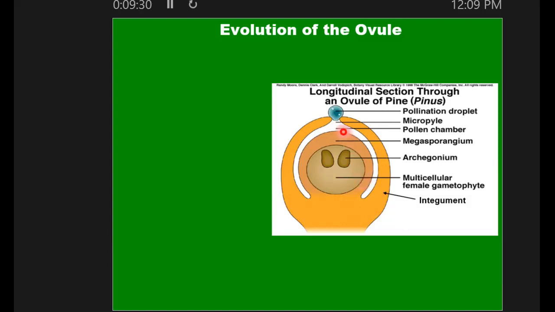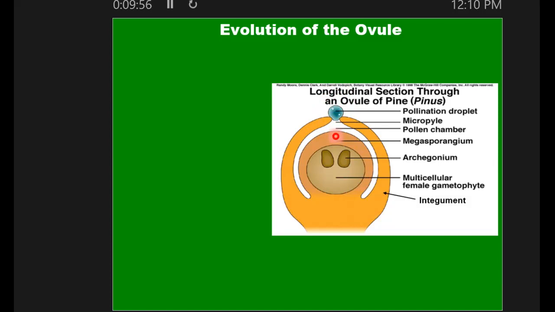And so it makes sense that the integument has a little bit of an opening to allow for the pollen to sneak in there. And what typically happens is you'll see that there'll be a liquid droplet there, and the pollen will land on that. And then as that droplet starts to kind of dehydrate, it kind of gets sucked in through the micropyle, and then it lands on the megasporangium.